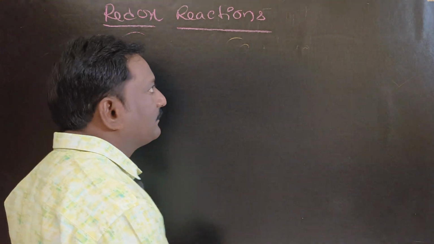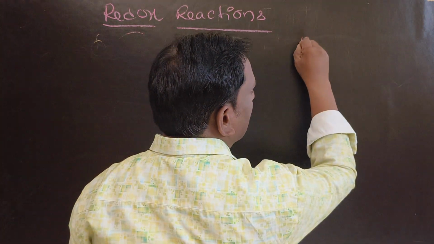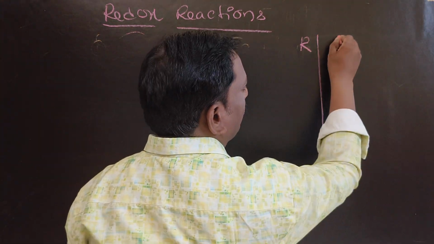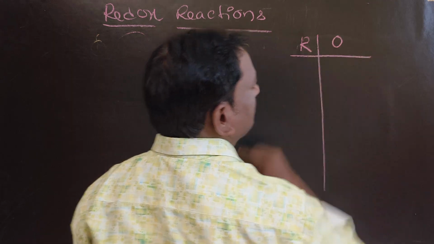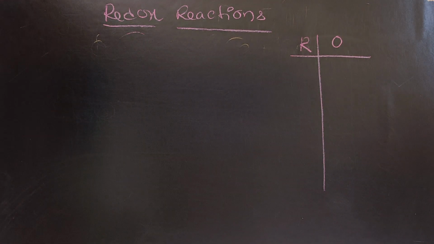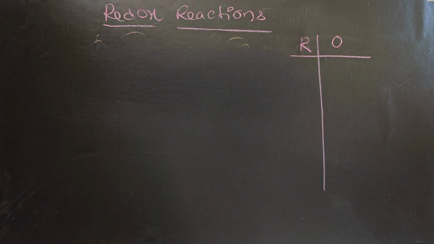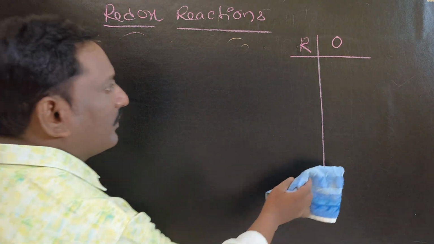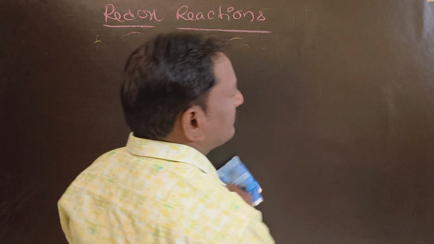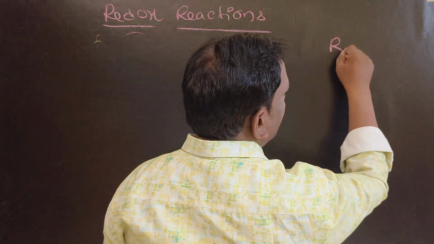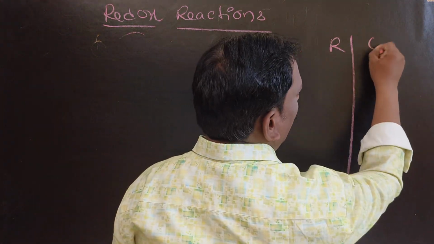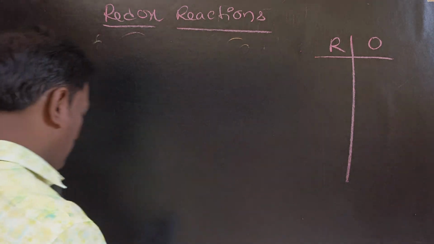Please make a note of it. R for reduction, O for oxidation. Let me write here.